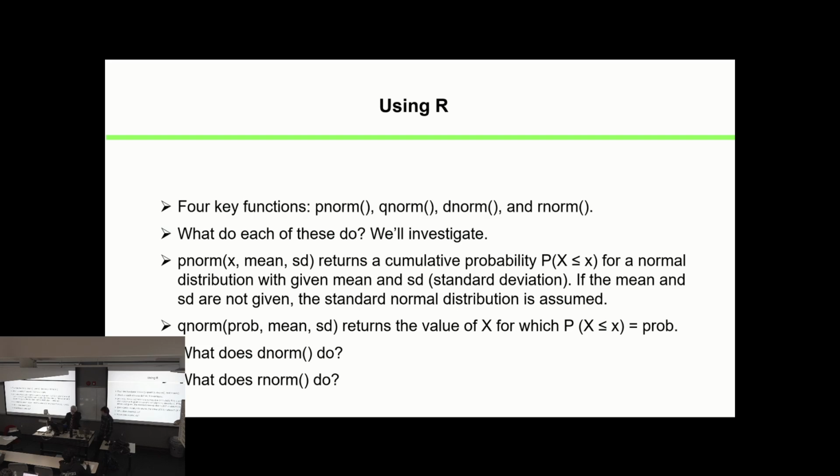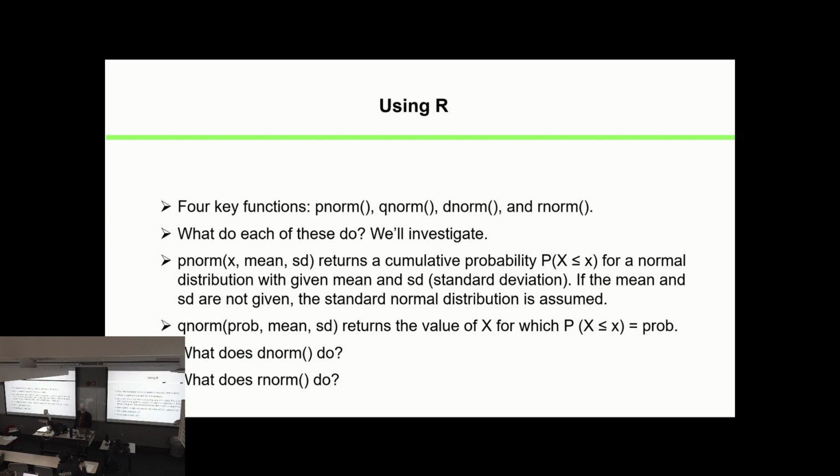So what we want to do is investigate what each of these does. And right off the start, we'll mention that just like the binomial distribution, the P function, where we did a P binom before, but we now have a P norm, returns a cumulative probability. In other words, the probability x is less than or equal to little x for a normal distribution with any given mean and standard deviation.